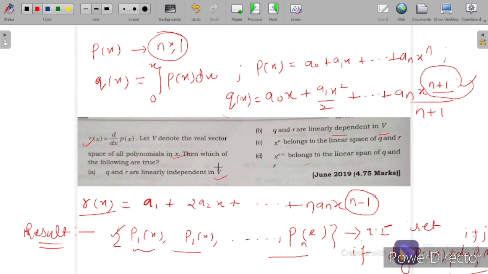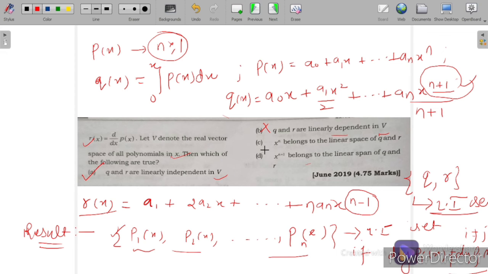That means q and r are different degree polynomials. Okay, so the set q and r will be a linearly independent set. So the first option A will be correct and the second option B will be wrong.